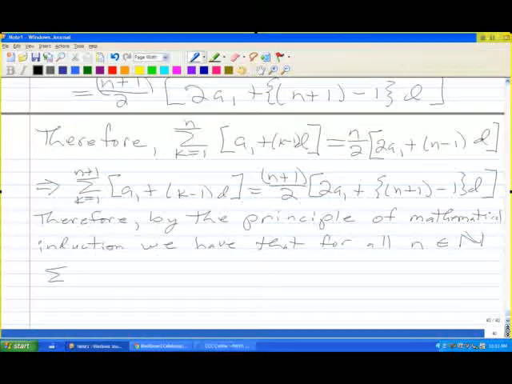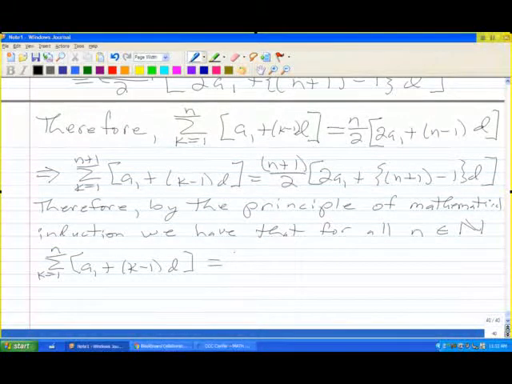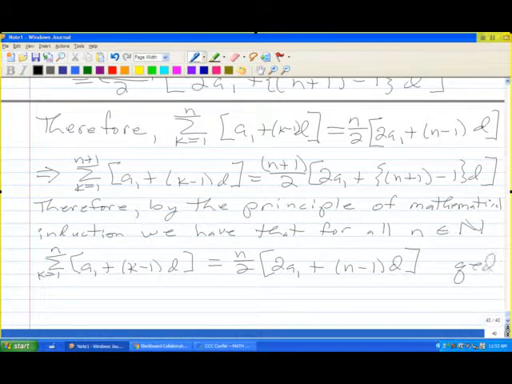The sum k equaling 1 to n of a1 plus k minus 1 d is equal to n over 2, 2a1 plus n minus 1 d. And so I am done.